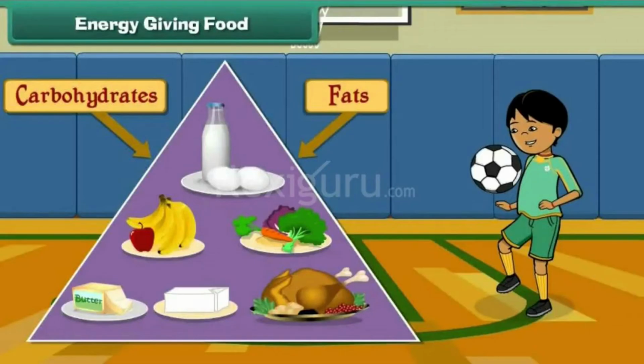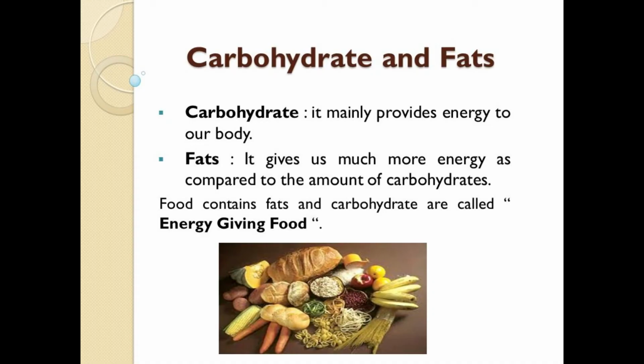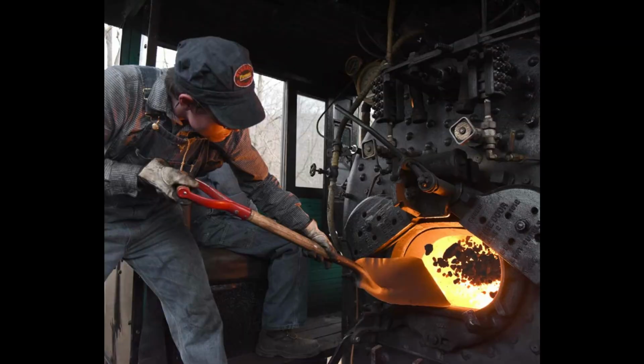The energy giving function of food is basically performed by two nutrients, that is carbohydrates and fats. This is why these nutrients are also referred to as the body fuels. The situation is similar to the burning of coal or wood, which are familiar fuels. When these fuels are burned, energy is released in the form of heat and light.